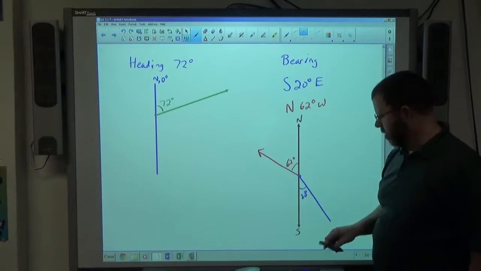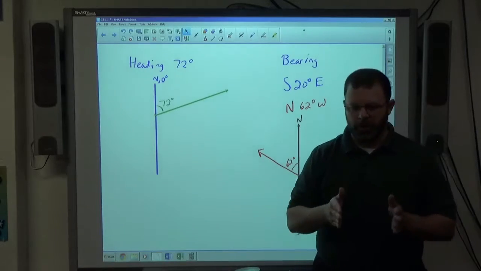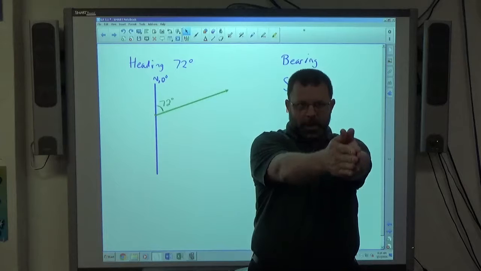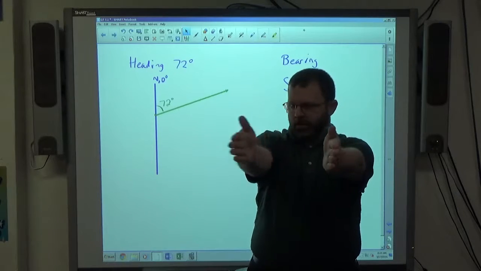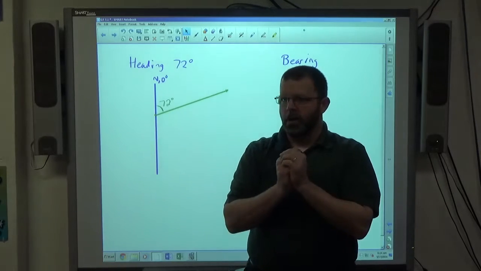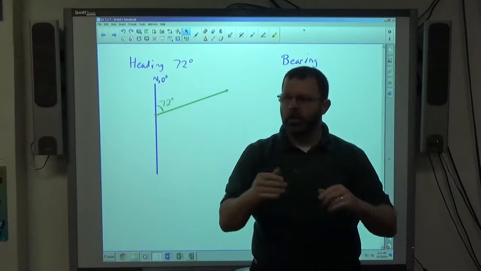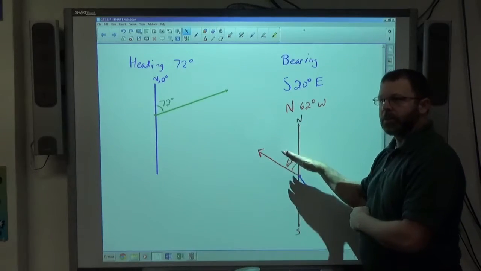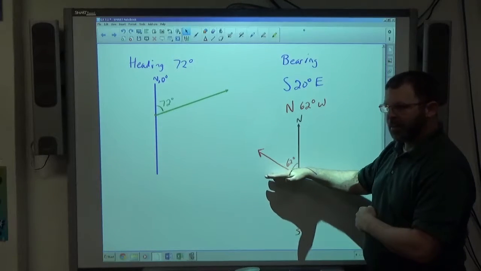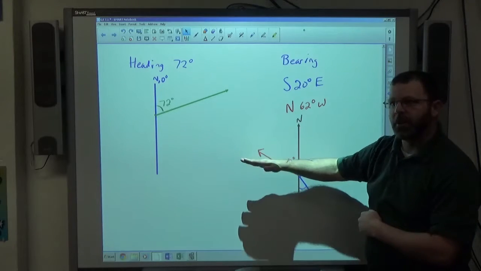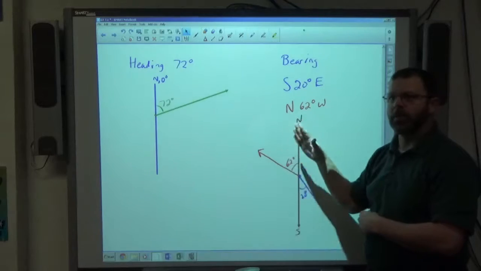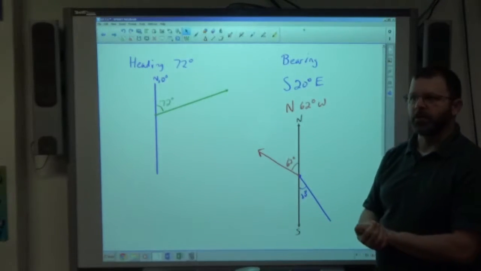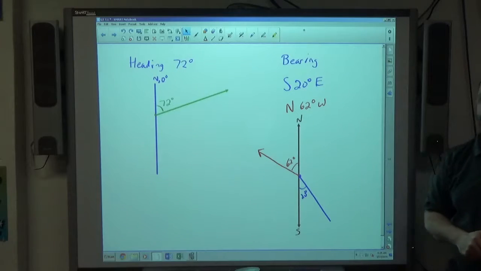If you're on a ship, you look out, let's say that's north, and then I slide to the east, or I look north and I slide to the west. The direction you're sliding is the angle that is made with this. If it goes beyond 90, it's going to be south something degrees east. That's why it's between 0 and 90. So you look up or down, then you look left or right from there. Whenever they give you a bearing, that's how you draw it.